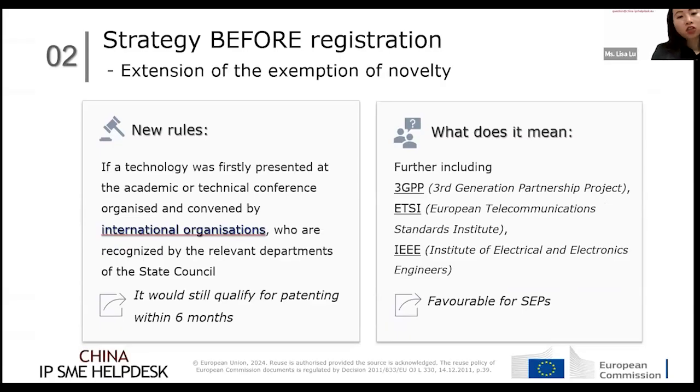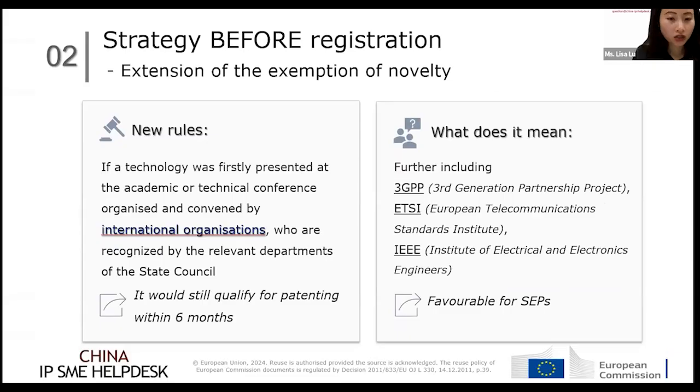I already mentioned the exemption of novelty. That means if you disclose your invention in certain situations, you can still keep the rights. You still have the right to register within 6 months. And the new rules extend the exemption of novelty in one situation, the conference situation.